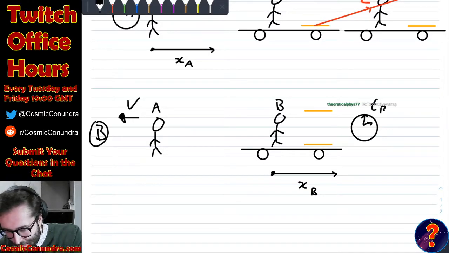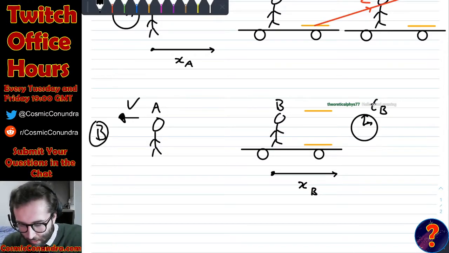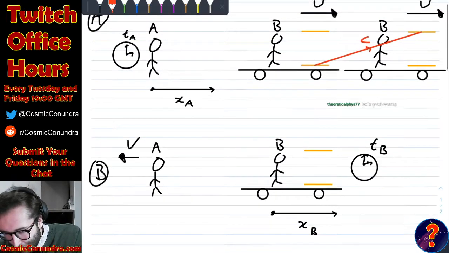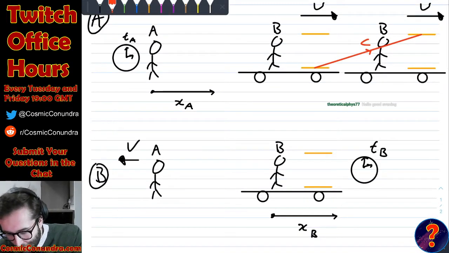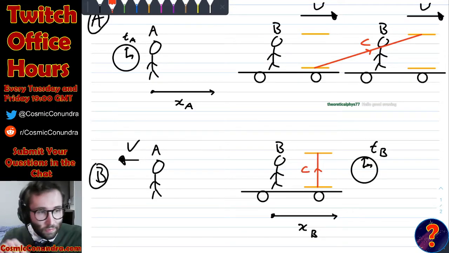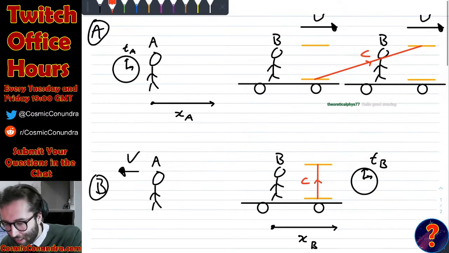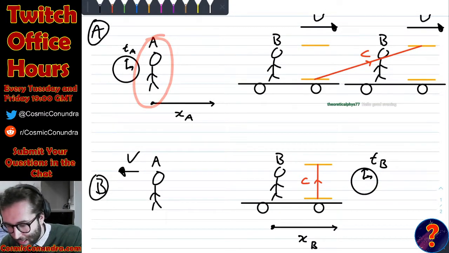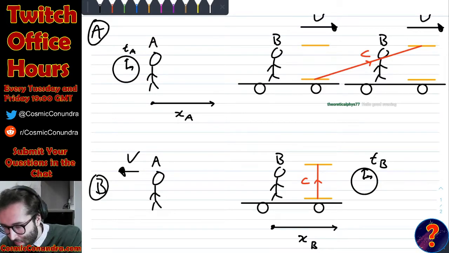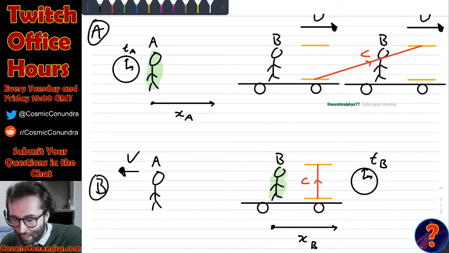This measures time, and TB is their time coordinate. What person B sees in terms of the light clock is the light just moving up and down between these two parallel plates. They don't see this zigzag that person A sees. So this is from person A's perspective up here, and this is person B's perspective down here.